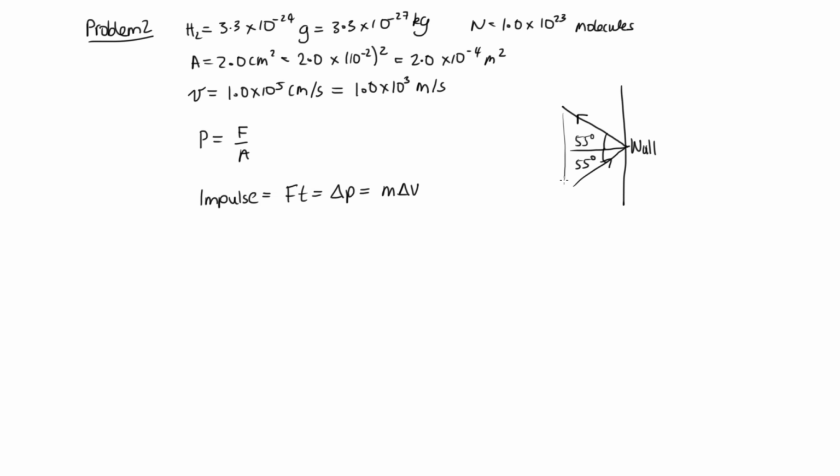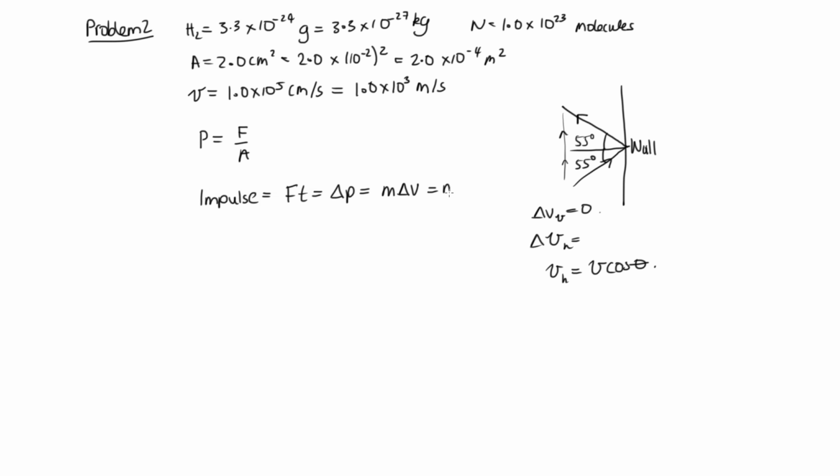So in the vertical direction, the change in velocity is equal to 0, and all the change in velocity is in the horizontal direction. If we break this velocity up into a horizontal component, this is the adjacent side, so the horizontal velocity will be equal to v cos theta, and the final velocity is equal and opposite to the initial velocity.